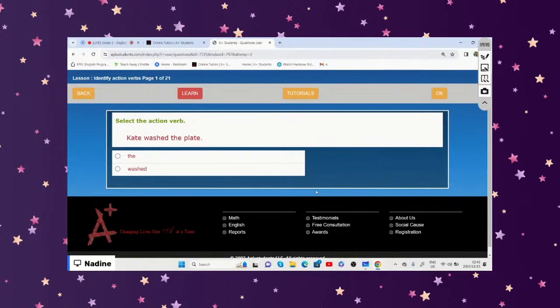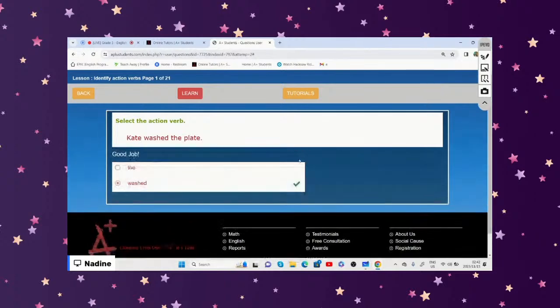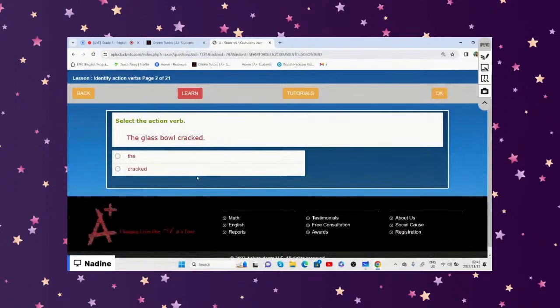Kate washed the plate. Is it the or washed? All right. So if we can select the action verb and then we say it is washed. And washed is correct. Well done. So the glass bowl cracked. And cracked is another one of our action verbs.